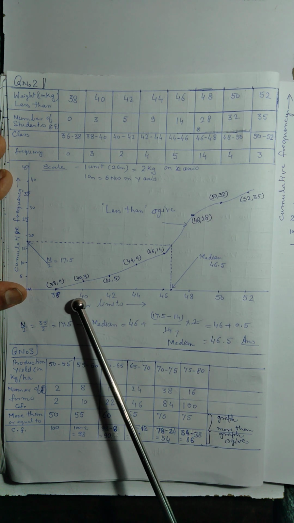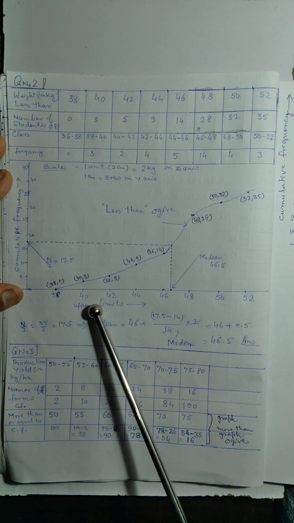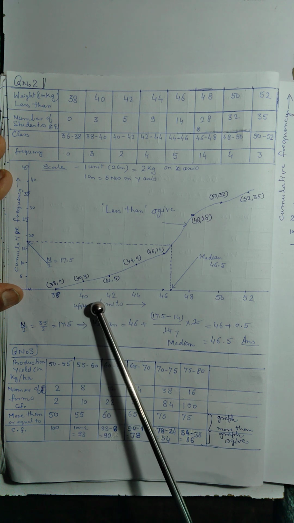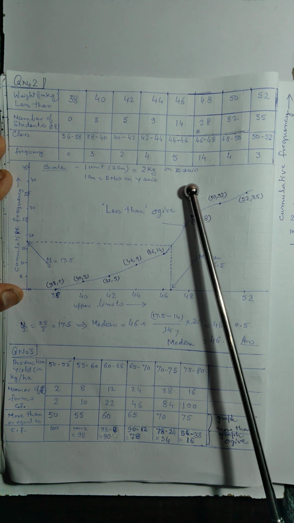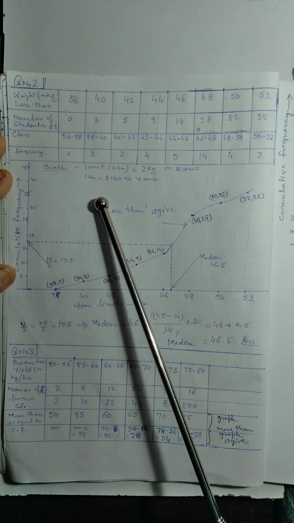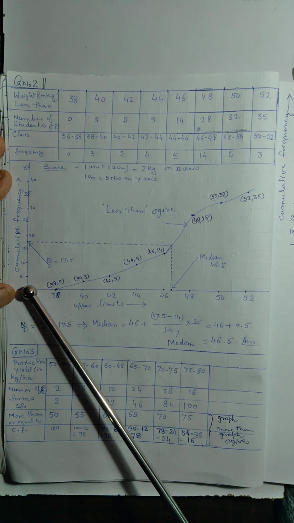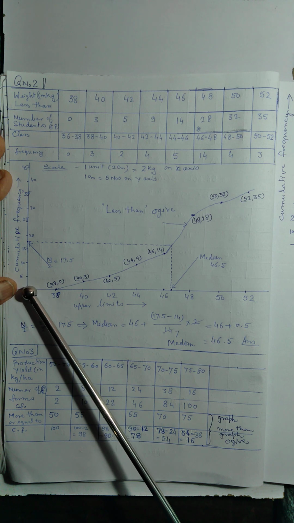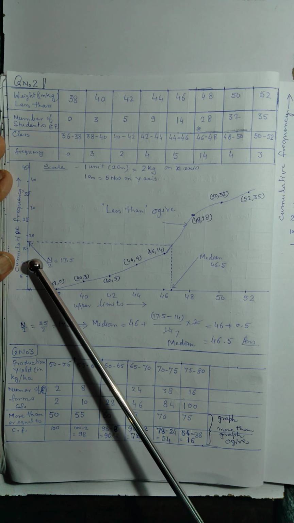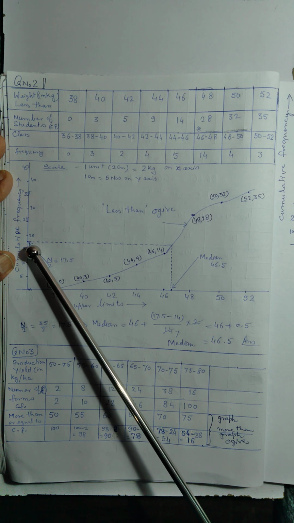So the distance on the paper is 2 centimeter. And 1 centimeter is equal to 5 units on the y-axis: 1 centimeter represents 5, 2 centimeter 10, 3 centimeter 15 and so on.